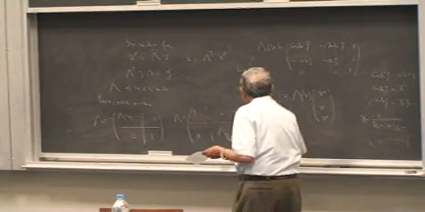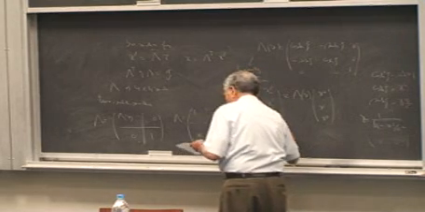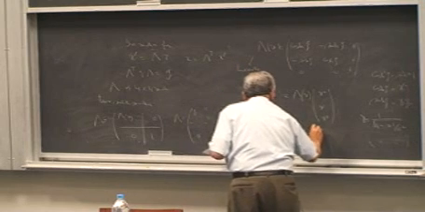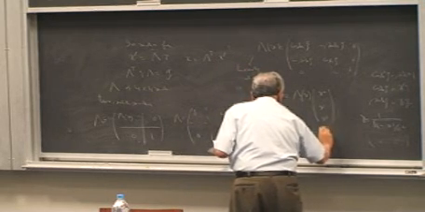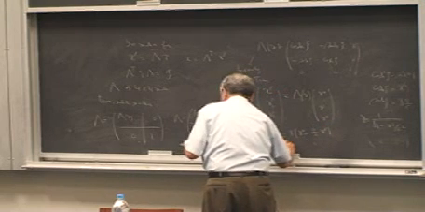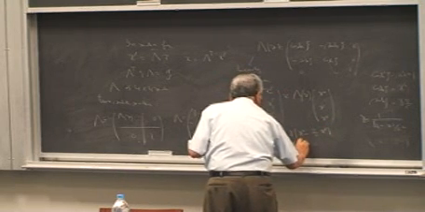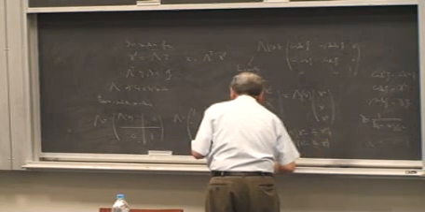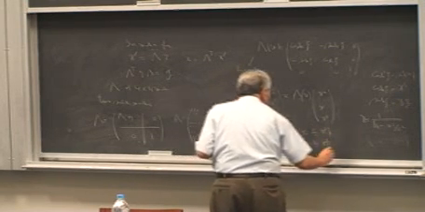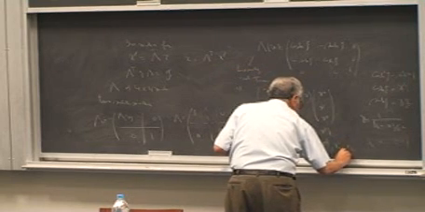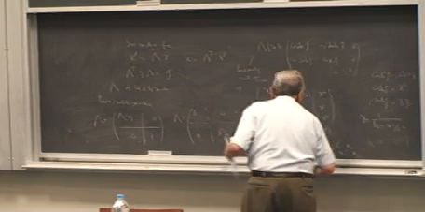This is then the usual Lorentz transformation: x0 prime is gamma times x0 minus v over c x1, and x1 prime is gamma times x1 minus v over c x0, and then x2 prime is equal to x2 and x3 prime is equal to x3.